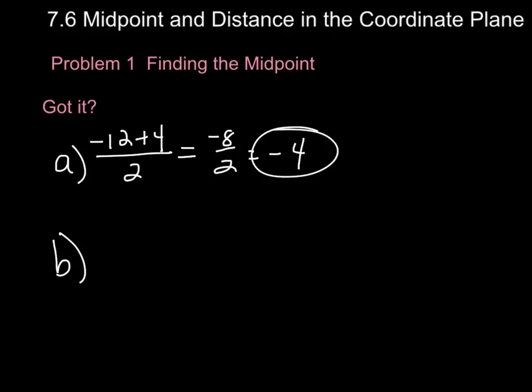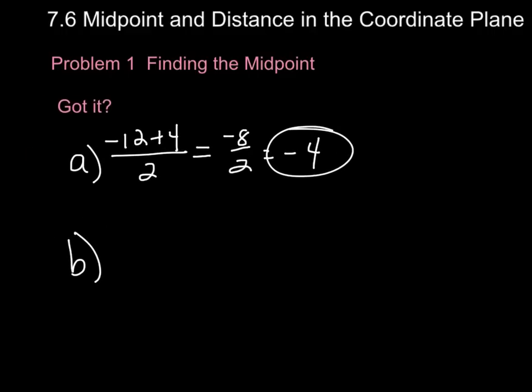B. What is the midpoint of segment RS with endpoints 5, -10, and 3, 6? So now we have to use the formula on the front, where we find the average of your x values and find the average of the y values. All you have to do is add your x values together. 5 plus 3 divided by 2.